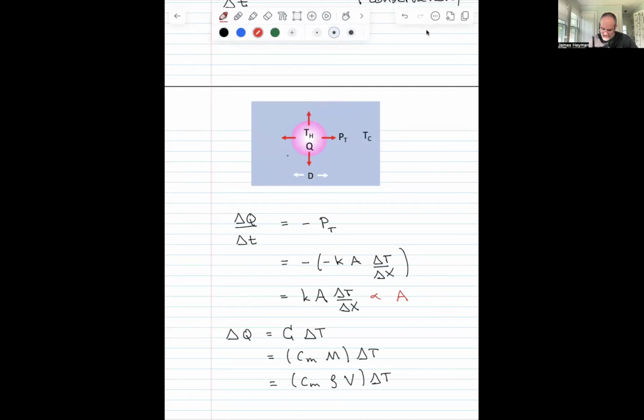And the important thing here is that this whole term is proportional to volume. The amount of heat stored in our object depends on its volume, but the rate at which heat is lost depends on its area.